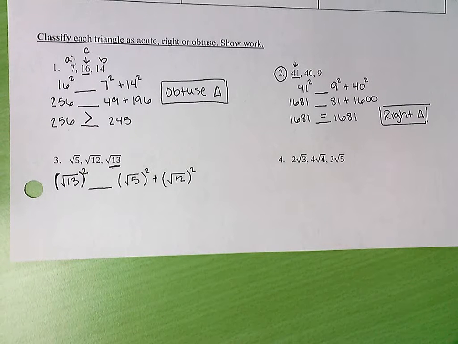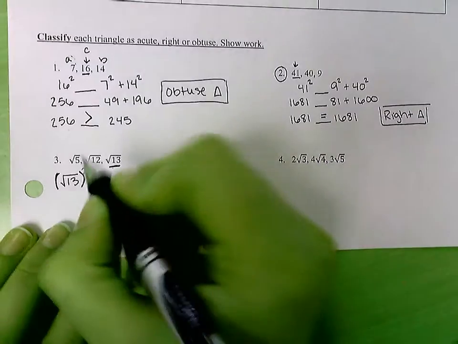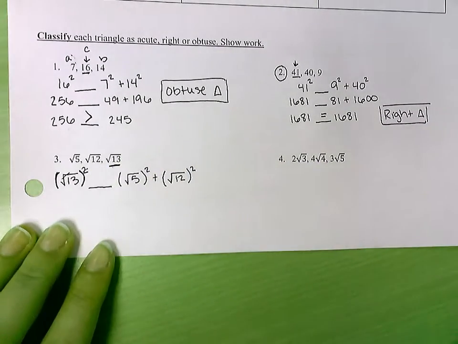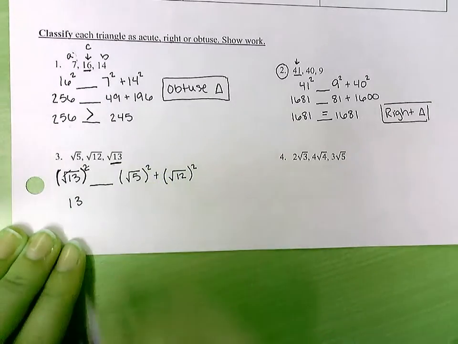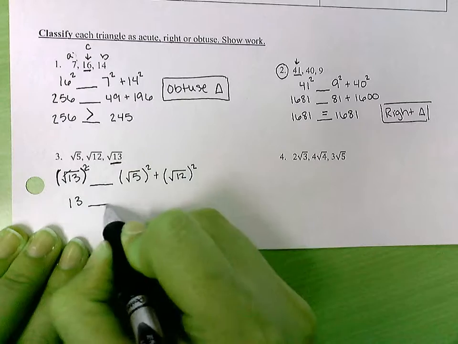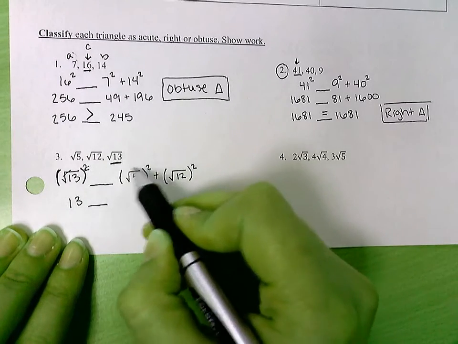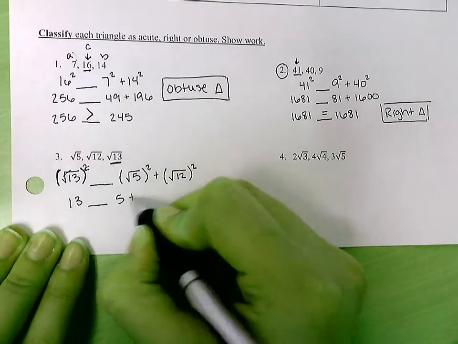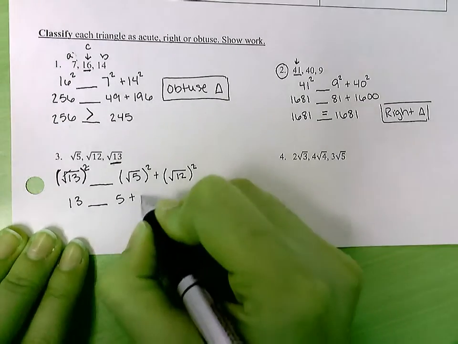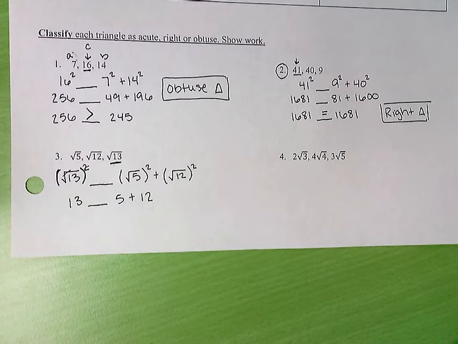Anything? It cancels. Your square and your square root will cancel. So what I'm left with over here is just 13. That's compared to, again, my square and my square root will cancel, so I have 5 plus 12. That's why you should leave it in that square root symbol, not put it in decimal form.